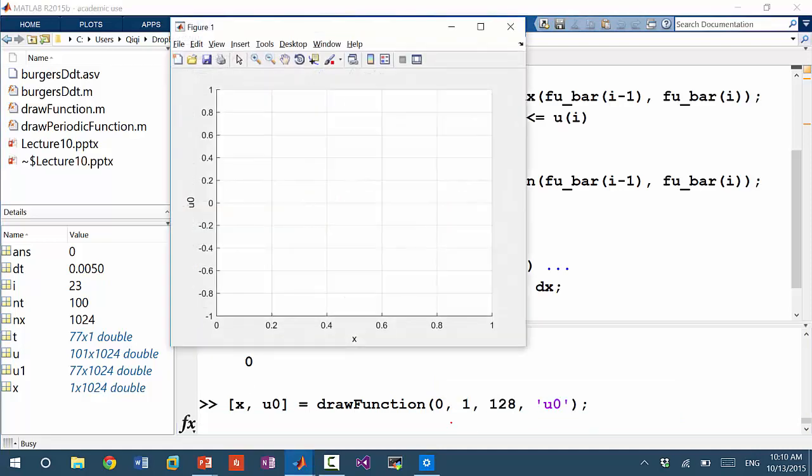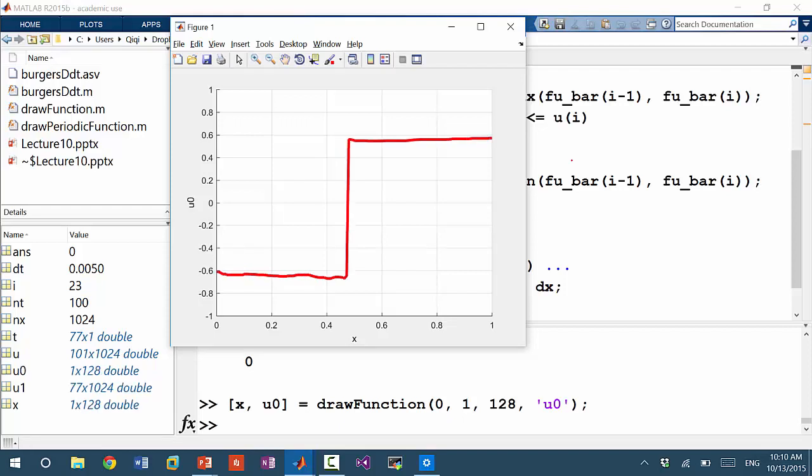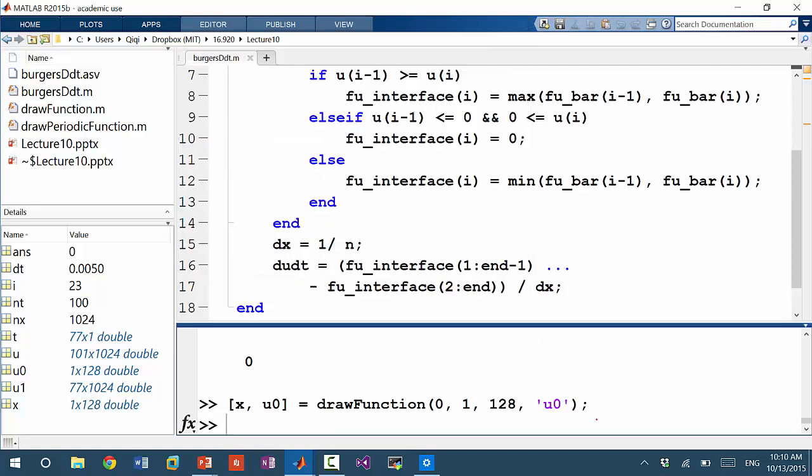So let's actually draw a case where I would get non-physical solutions if I use an upwinding scheme. So this is the case where I should have an expansion wave. The left is going towards the left, right is going towards the right. And now let's start solving using Burgers dudt.